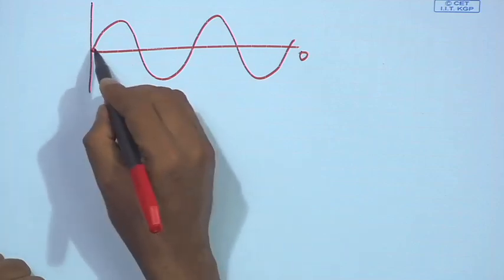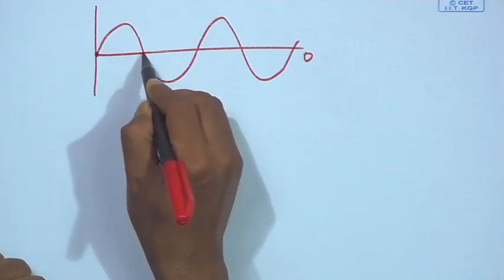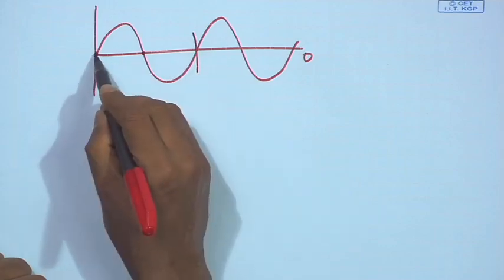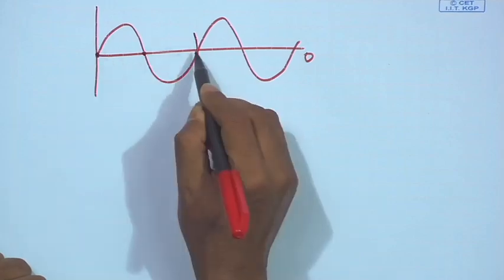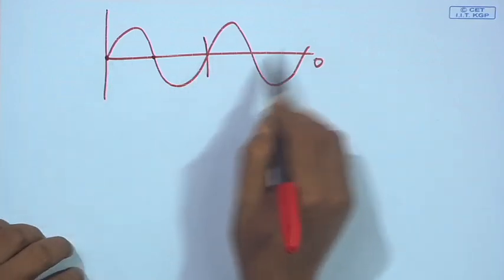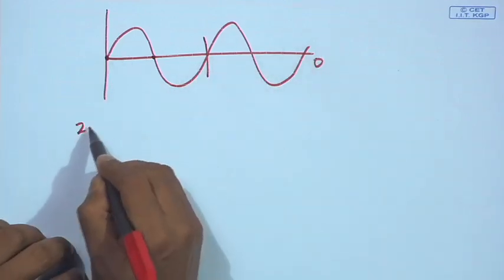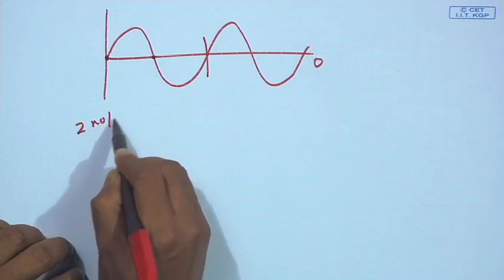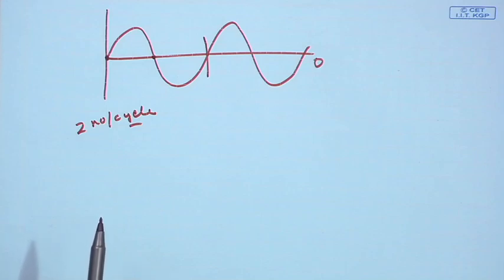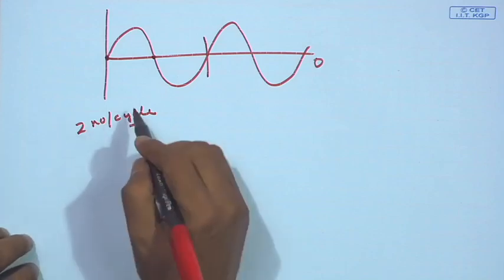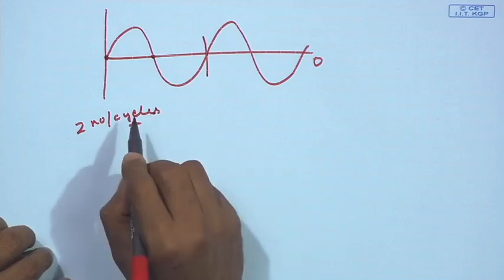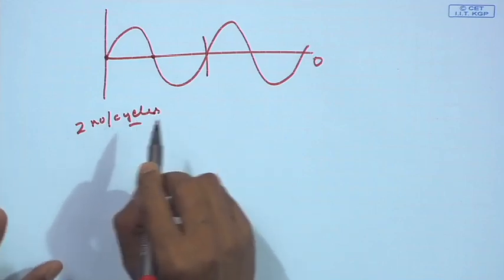It is 1, 2 in one period. If I start from 1, then 1, 2, this point is part of the next period. So, I can say if it is a pure sine wave, there are 2 zero crossings per cycle.